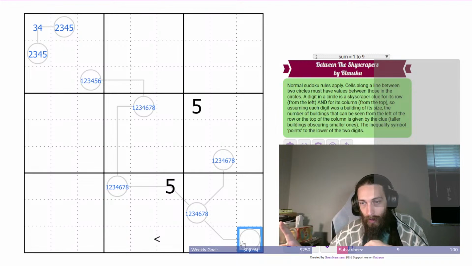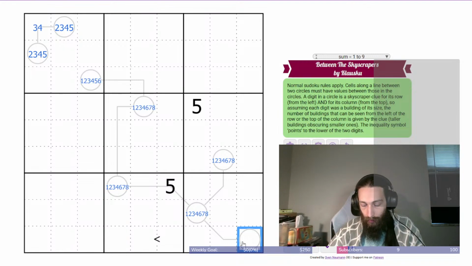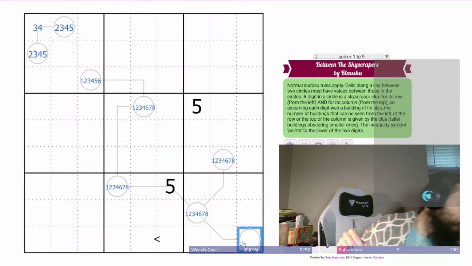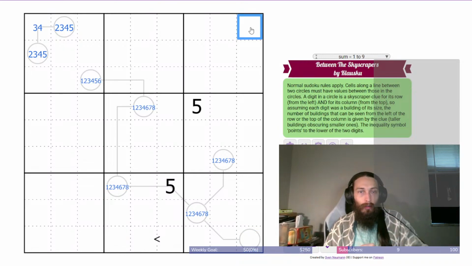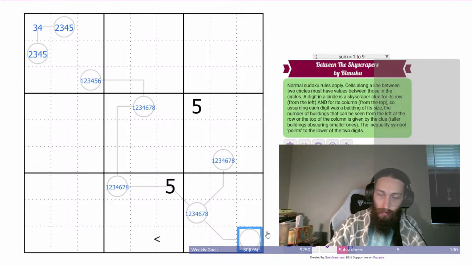Although, it couldn't be 9 because of its position in the grid. Because if it was a 9, then the digits have to be in order, but then you have 7 and 8 here, and 7 and 8 here, because it has to be in order from this direction as well. So this isn't a 9 either.